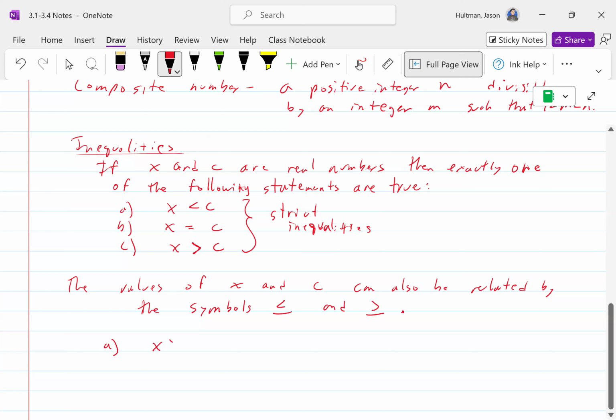A: x is greater than or equal to c if and only if x equals c or x is greater than c.